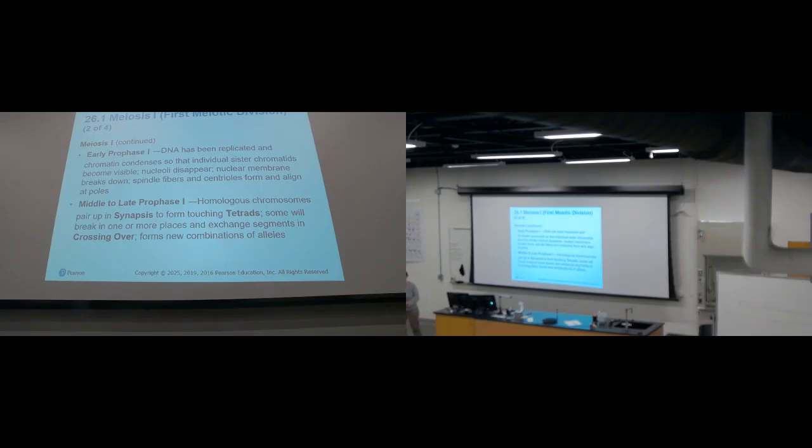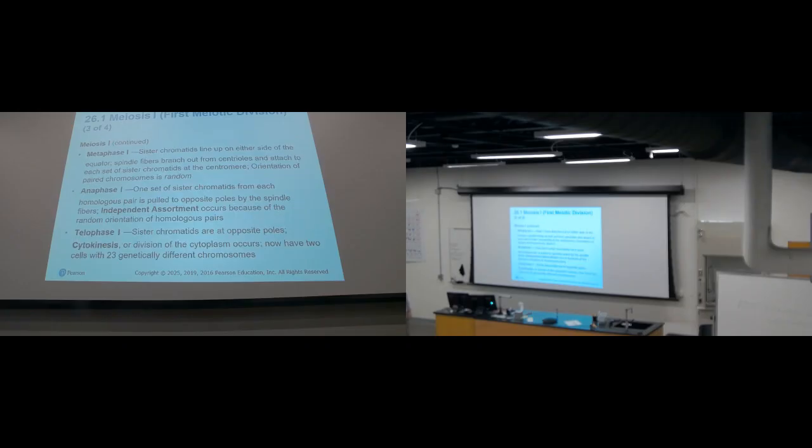That crossing over allows exchange of DNA material from our mom's side and our dad's side, so that's why we end up with traits from both. This is the only time where we have this physical exchange, in prophase 1.